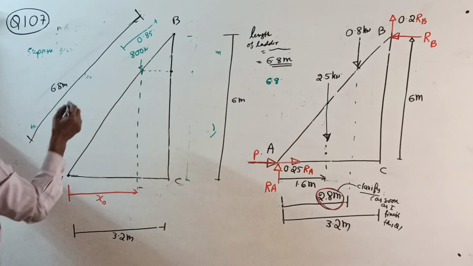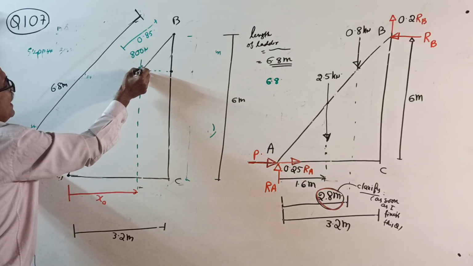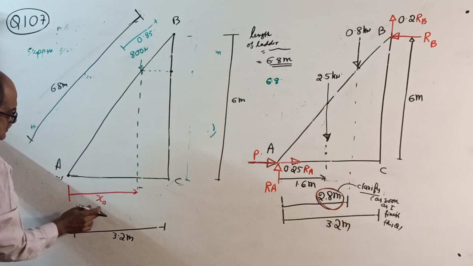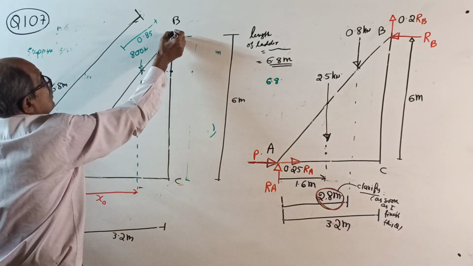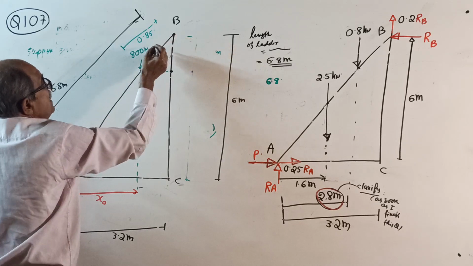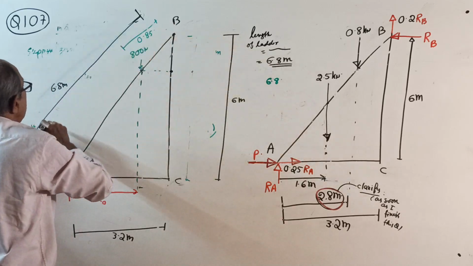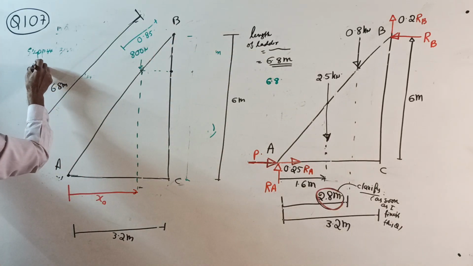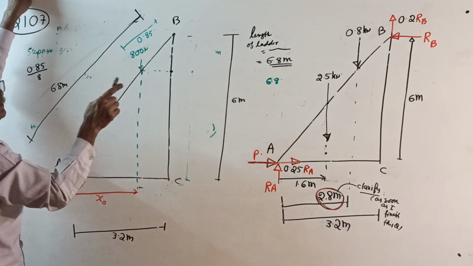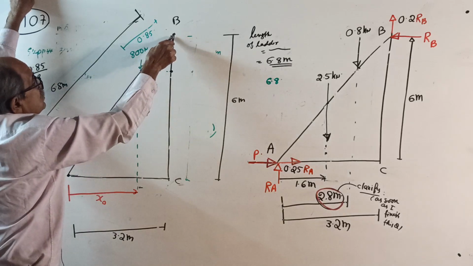Then still we want this distance only. He is standing here, from here 0.85. X naught you require. From the top of the ladder, he is standing at 0.85. So 0.85 is the ratio, the proportion with respect to 6.8. 0.85 divided by 6.8 will give his proportionality value with respect to the top.